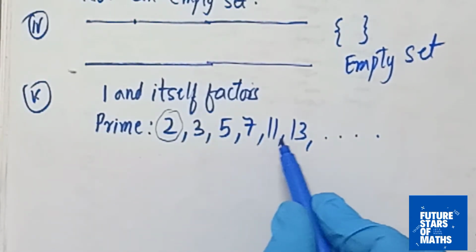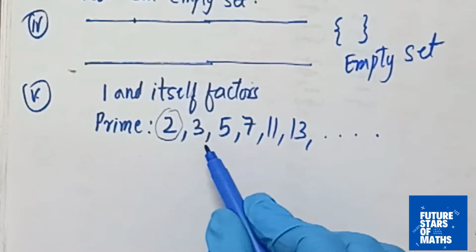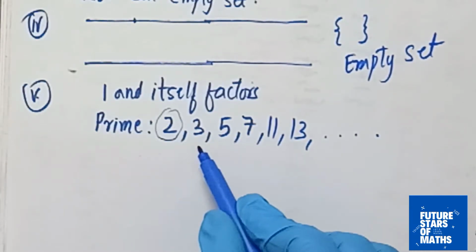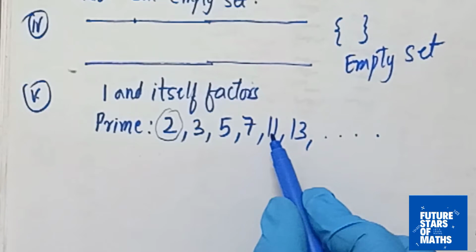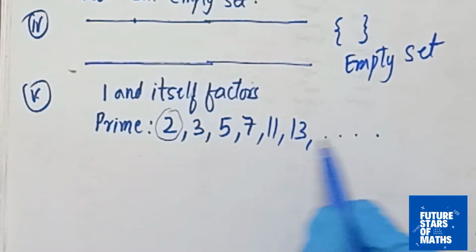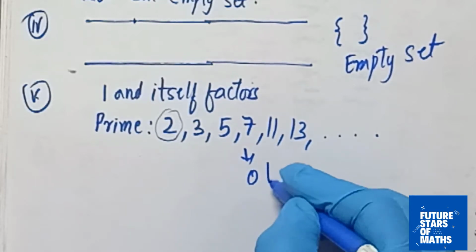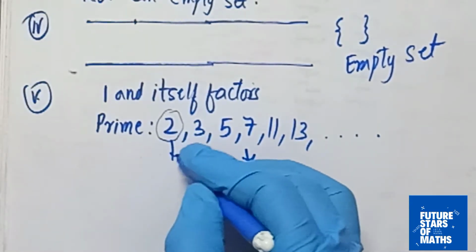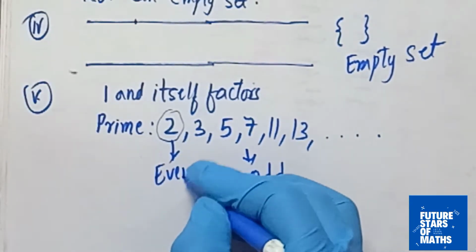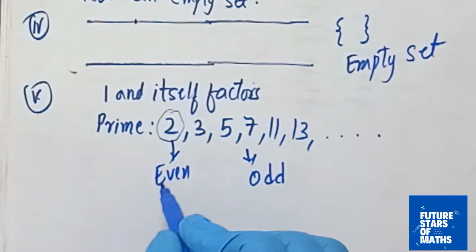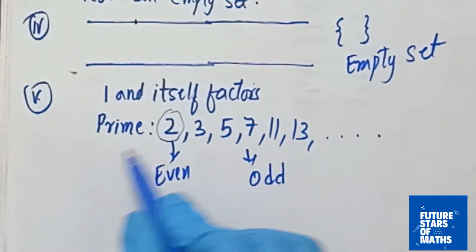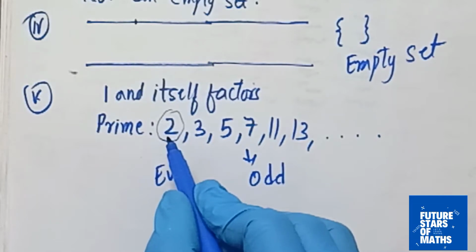All the other prime numbers are odd numbers. You can see 3, 5, 7, 11, 13. All remaining prime numbers will be odd. But what is 2? 2 is an even number. So only one even prime is there. Among all prime numbers, only one number is even.